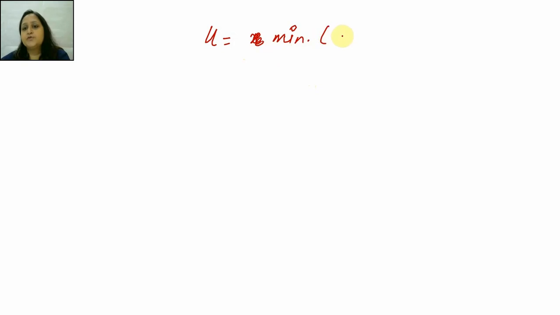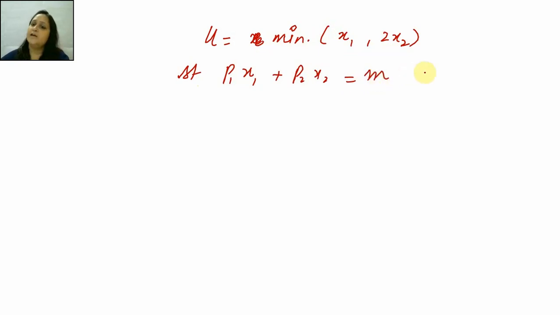Okay? So U is equal to minimum of x1 comma 2x2, subject to P1 x1 plus P2 x2 is equal to m. From this we will find the angel curve, demand curve and slope. We know it's a perfect complement, so equilibrium will always be at the kink, which means x1 is equal to 2x2 is my condition.